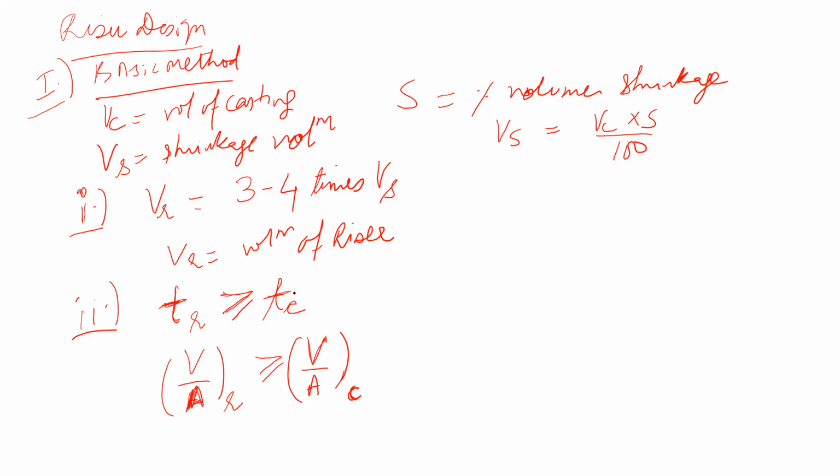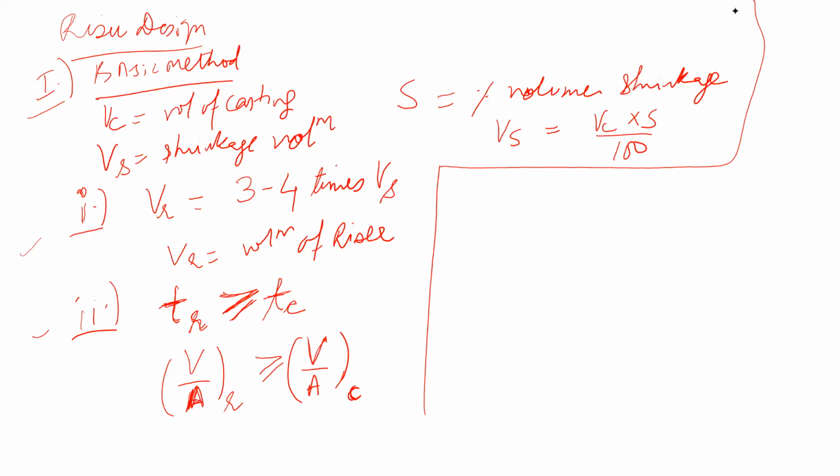That is why the solidification time of the riser should be greater than that of the casting. These two conditions should be satisfied, and only then can we design. This total is the first method. Please note this down.